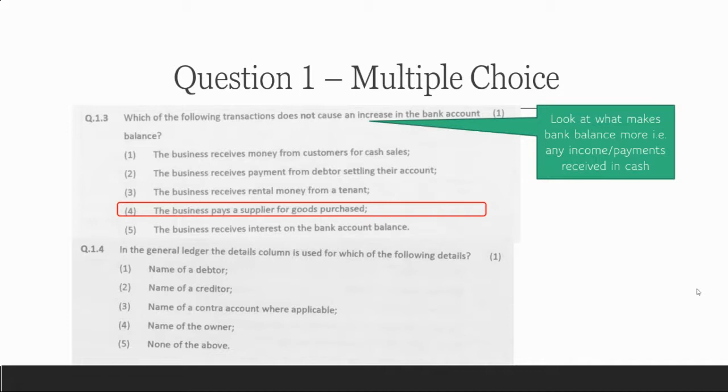Remember the details column in our general ledger is generally for our contra account. So that's the other account that we're using. If you missed that we're busy with the general ledger, you would have put in the name of the debtor, name of the creditor, or none of the above, which were the answers that I saw. So it was very important that you saw it related to the general ledger, which is also our T account.